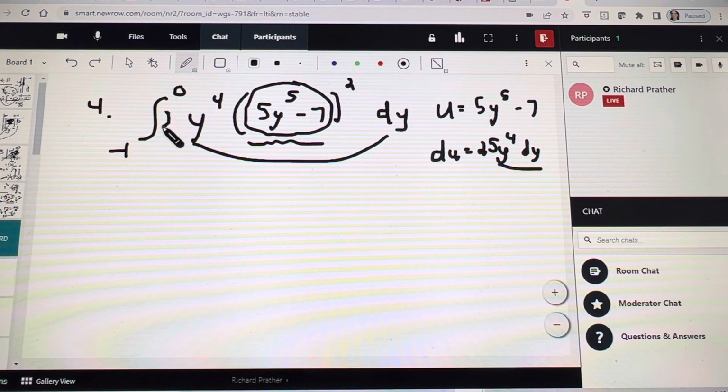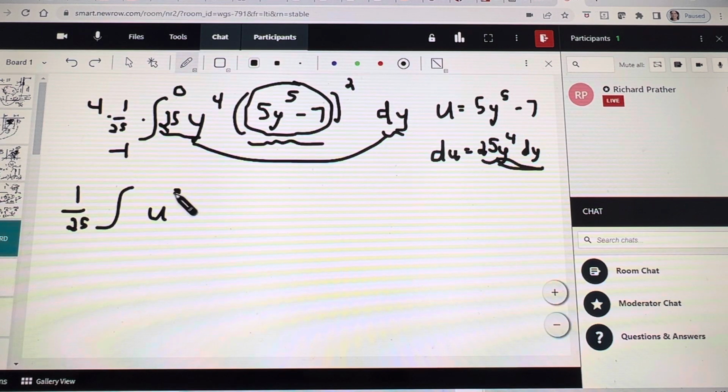So I need to insert a 25 to have everything that du has. But you can't just put one because you want it. You got to balance it with 1/25. So 1/25, the inside of the parenthesis, that's u to the 2nd power, and everything else here is du.